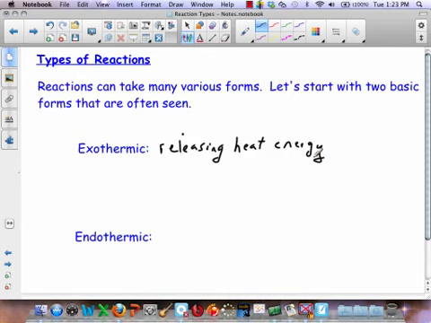So what it's literally doing is drawing energy from the atmosphere and drawing that heat into the reaction, therefore the reaction feels colder. So basically, endothermic absorbs energy. Absorbing that heat energy.